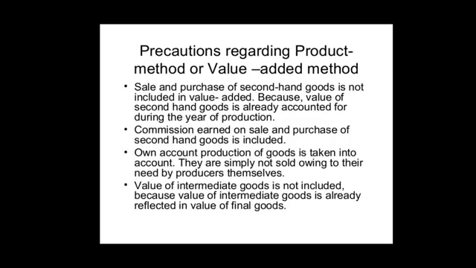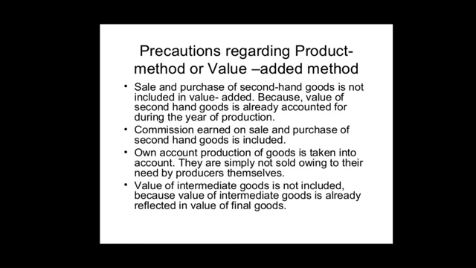Dear students, while measuring the national income by using the value added method, certain precautions should be taken into account, such as sale and purchase of second-hand goods is not included in the value of output because the value of second-hand goods had already been included in the financial year in which they were produced, and they are not counted as a part of current flow of goods and services.